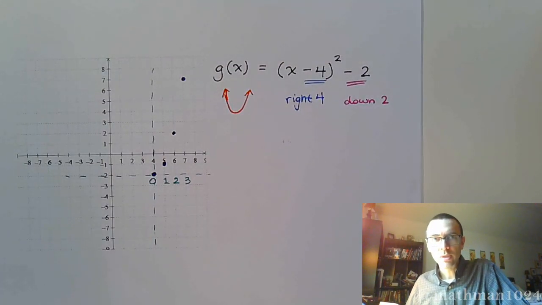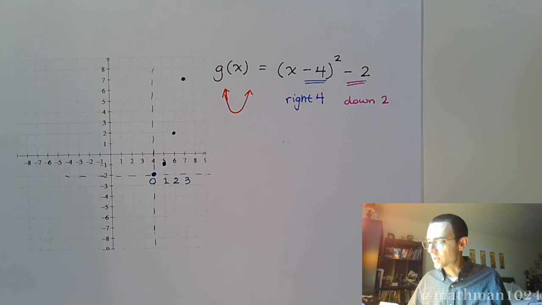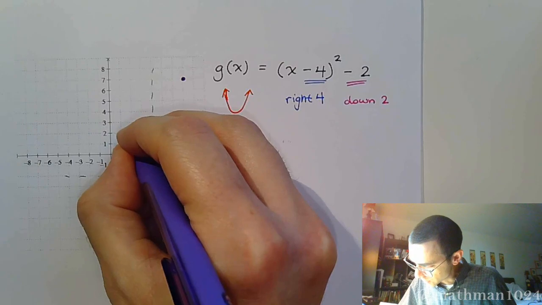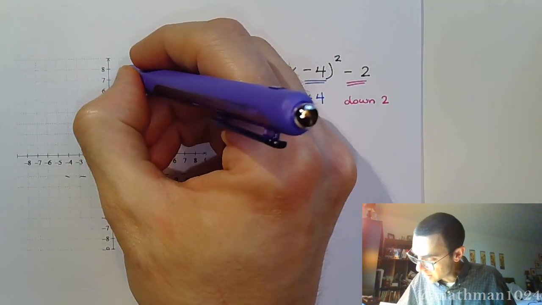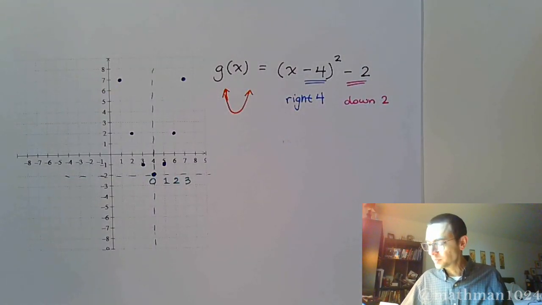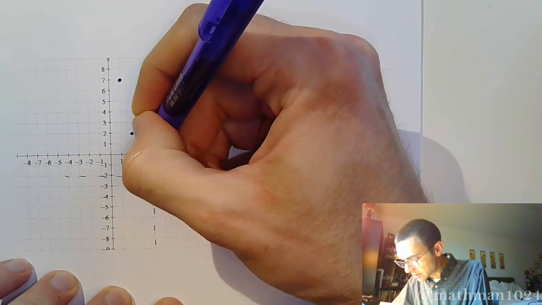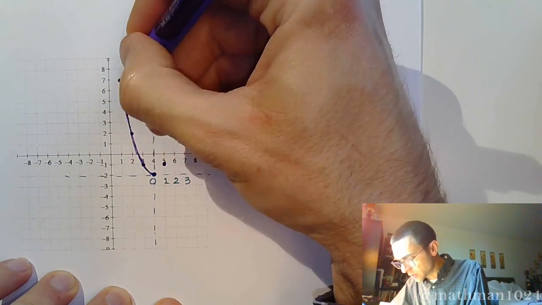To get other points, we can copy these guys on the other side of the axis of symmetry. So we can copy this one. This one is negative 2 squared is 4. Negative 3 squared is 9. Like that. And we're just going to connect the dots. Make sure that you draw a nice, smooth curve going through these points.